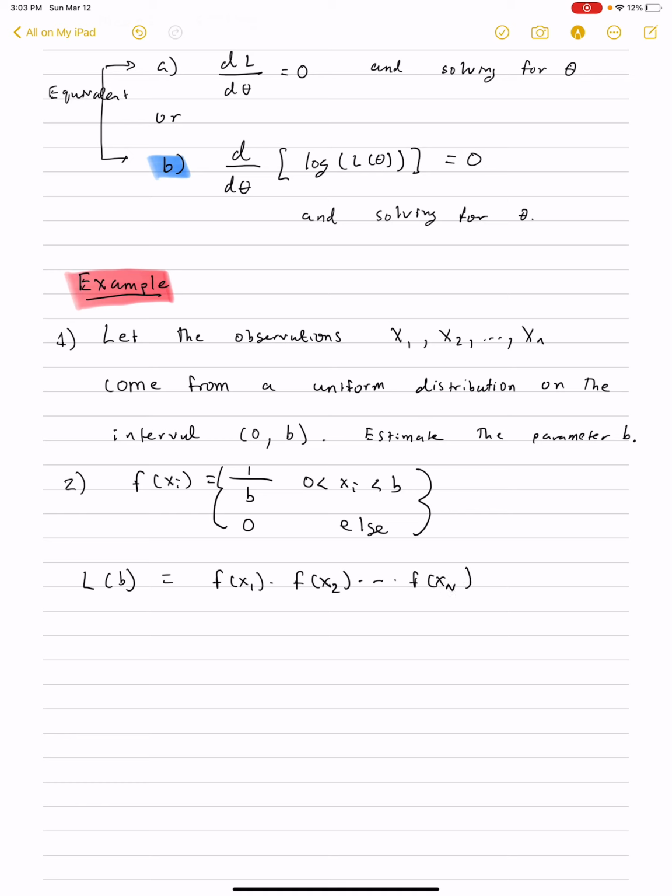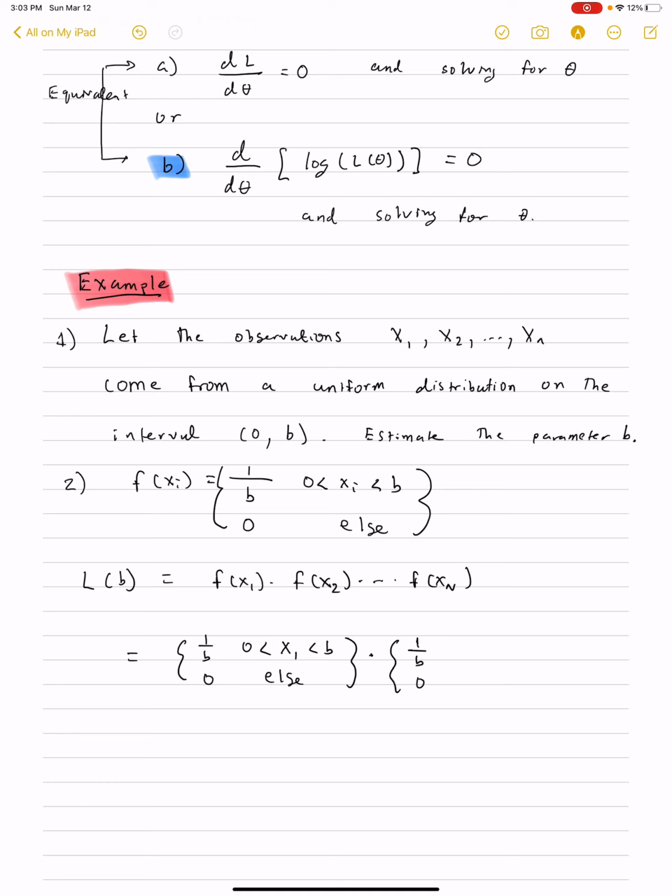So if we write this out, this is going to be 1 over b for x1 between 0 and b. Otherwise, it's 0. F of x2 is going to be 1 over b.